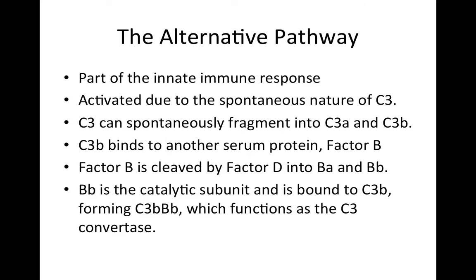The alternative pathway is also part of the innate immune response, so it doesn't require the presence of an antibody. It is activated due to C3, because C3 is very reactive and will spontaneously fragment into C3a and C3b.